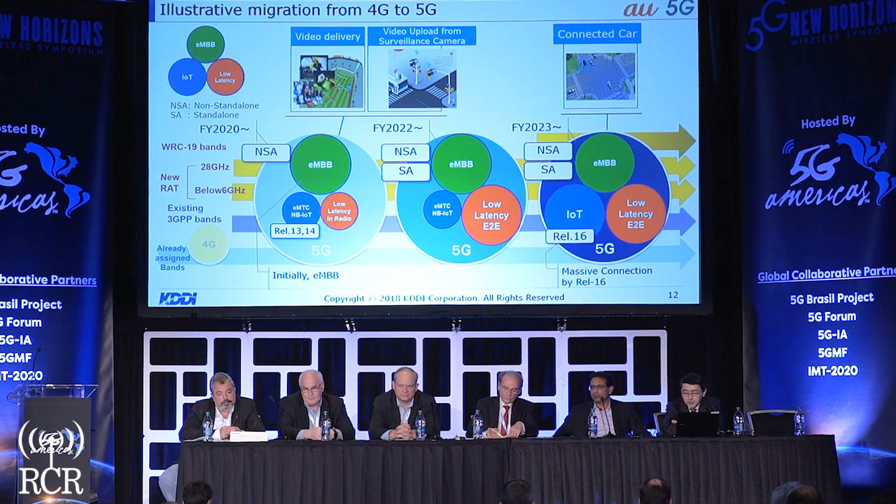And in the middle circle, later on, around the year 2022 or later, the SA scenario using 5G core will be added to the NSA architecture. Services requiring end-to-end low latency will be enabled. And finally, going to the right circle, 5G-based IoT will be available after Release 16 and the follow-on release standards will be ready.